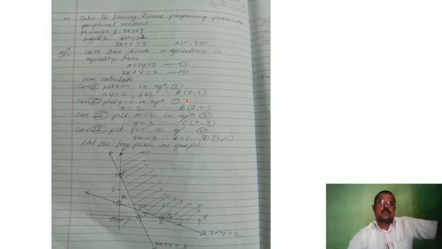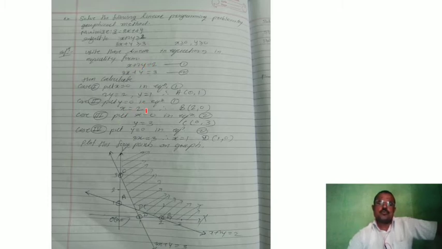See how point A came: in equation number 1, after taking x is equal to 0, we got y is equal to 1. Therefore we put the x coordinate first and the y coordinate second, that is, A point is 0, 1. Next, case second, for equation 1 put y is equal to 0.